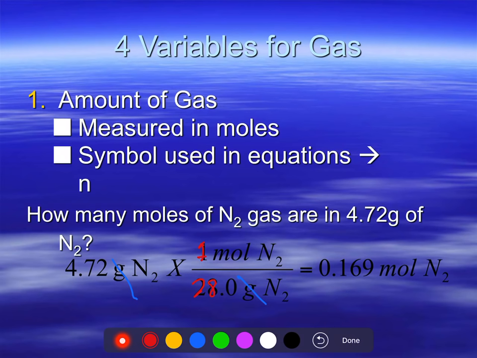And so our 4.72 divided by 28 gives us the amount of our gas in moles. We'd have 0.169 moles of N2, and you can see that I went to 3 sig figs just like our initial number had 3 sig figs.